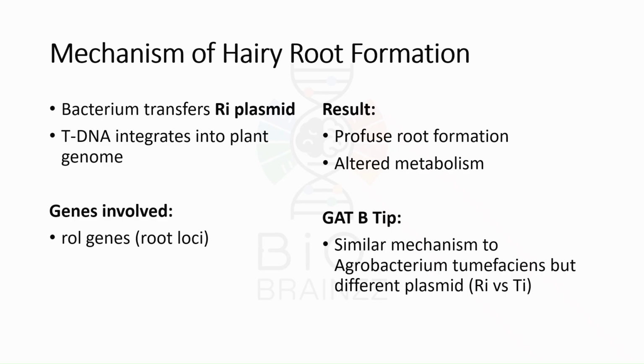Important genes called ROL genes are responsible for root formation. As a result, many roots are formed and metabolism is altered. Remember that this mechanism is similar to Agrobacterium tumefaciens, but the plasmid is different, RI plasmid instead of TI plasmid.